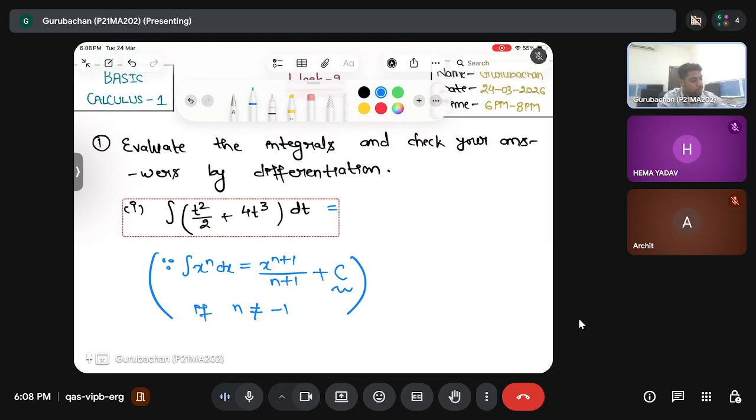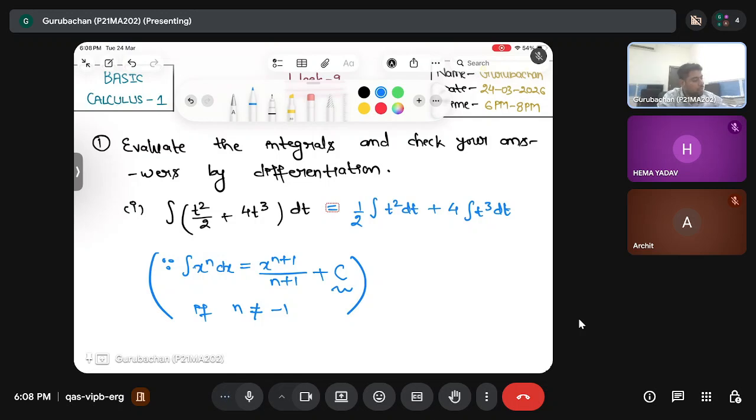Here you will first of all apply properties of integrals, and you may write it as the integral of t square by 2 plus the integral of 4t cube dt. I just break the integral into two parts and take the scalar numbers out.